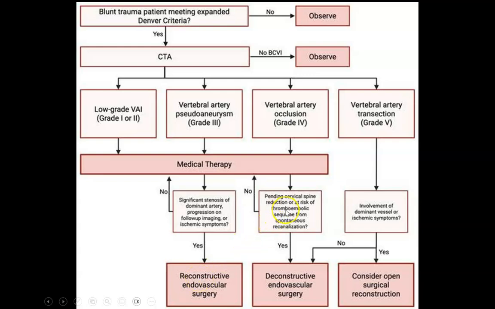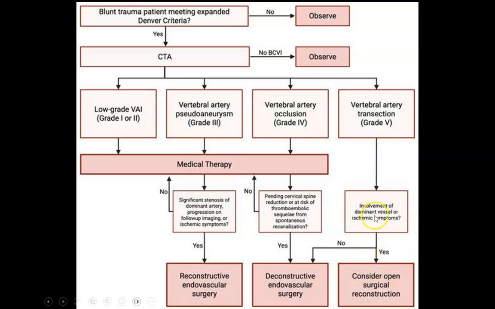If you have a thromboembolic risk and you have to manipulate the vertebral artery during severe cervical injury, deconstructive endovascular surgery, which is the occlusion of the artery, thrombosing the artery to avoid distal embolization.